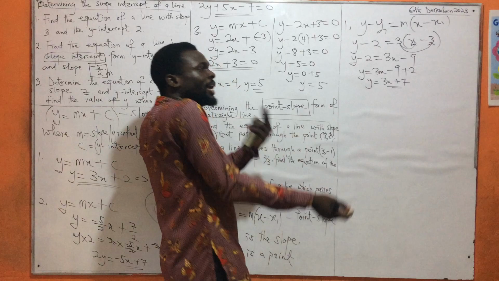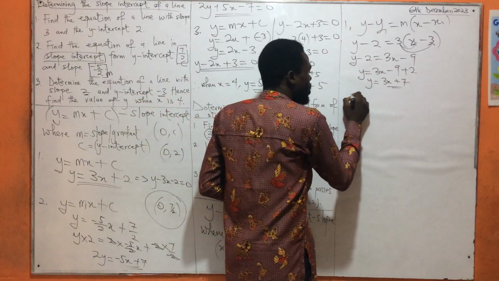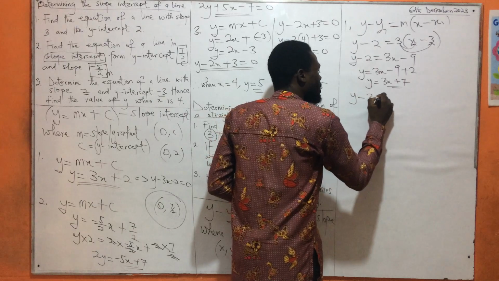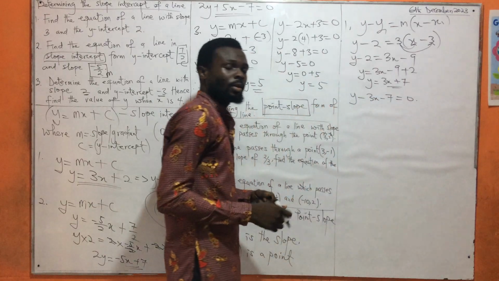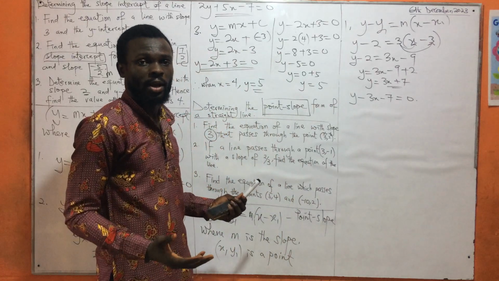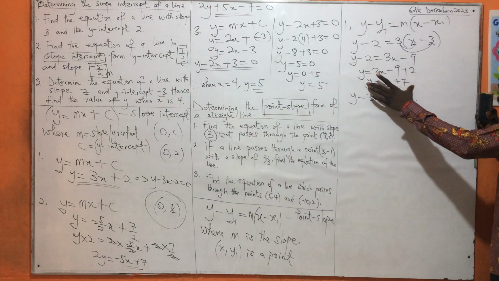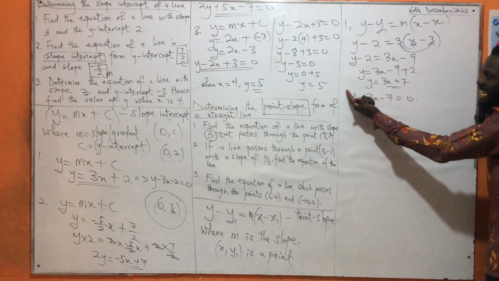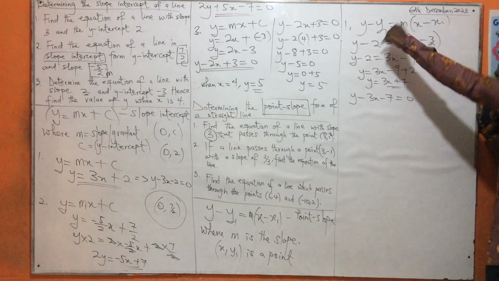We can also regroup this as y minus 3x minus 7 is equal to 0. It is not wrong. It is also correct. So this gives you the equation of that line, and this is given as the general equation of that same line.